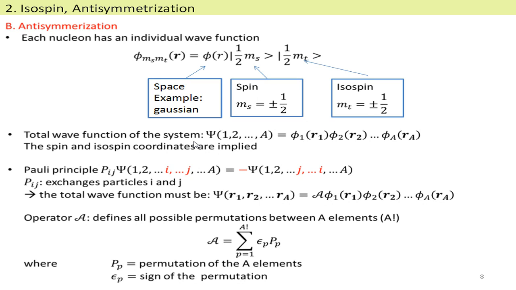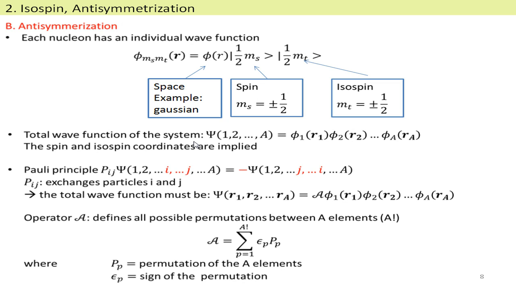And this is the role of this antisymmetrization operator A here. And this antisymmetrization operator defines all possible permutations among A elements. So it's defined here. You have an index P going from 1 to factorial A. And factorial A is simply the number of permutations that you can build from A elements. So you can see this number increases very fast when the nucleon number increases.